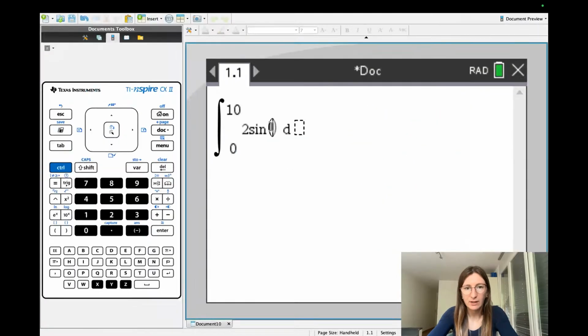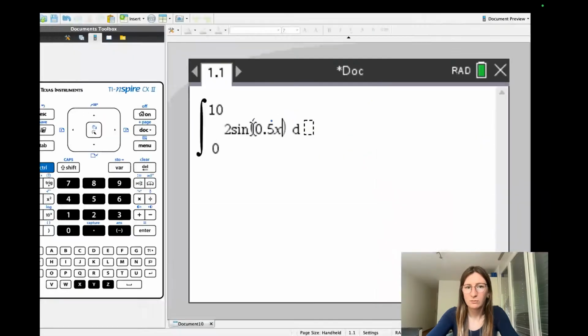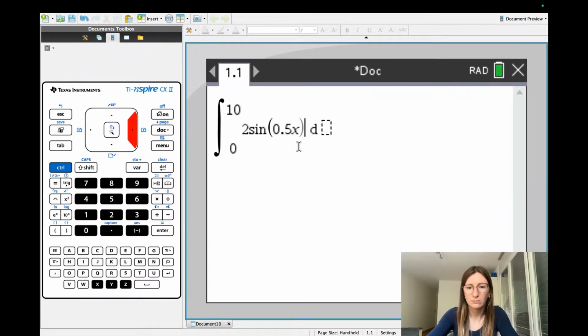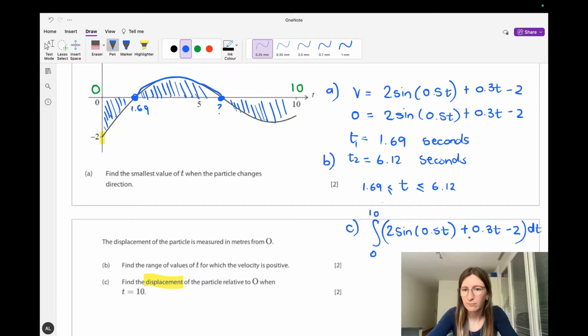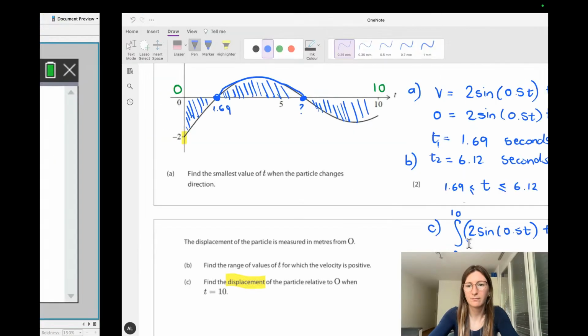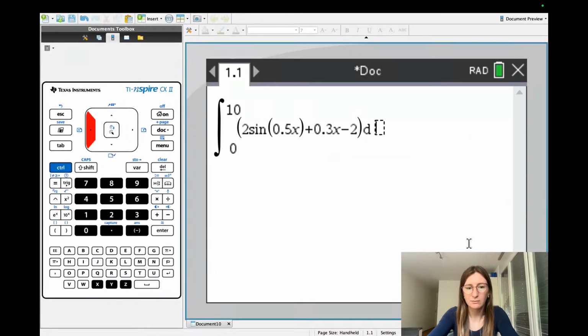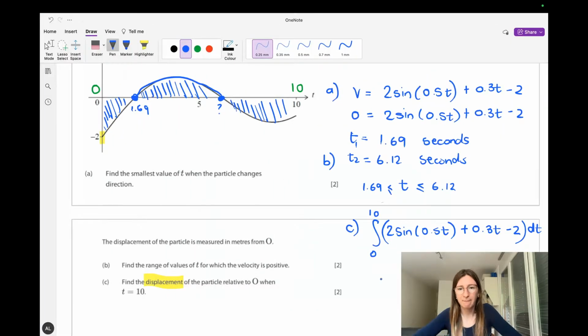Sine 0.5 -0.3 minus 2 dx. Ooh, there we go. Minus 2.13. So the displacement of the particle, minus 2.13.